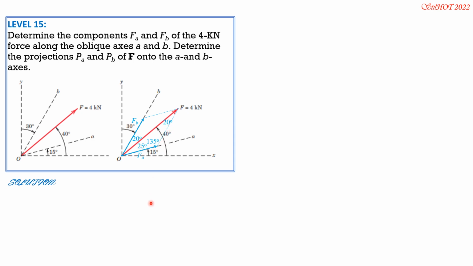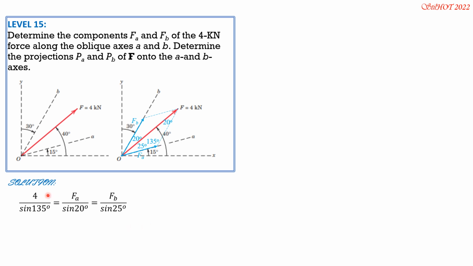So there are many ways to determine those angles. By sine law, 4 kilonewtons, the red diagonal, over sine 135 equals FA over sine 20 equals FB over sine 25. Opposite to FB is 25, so sine 25.